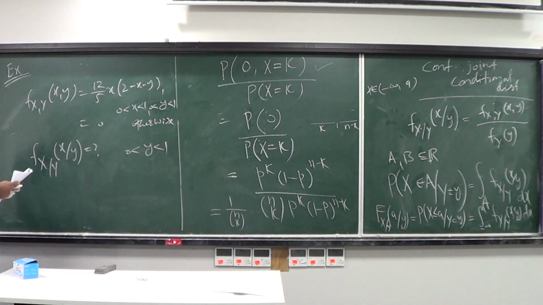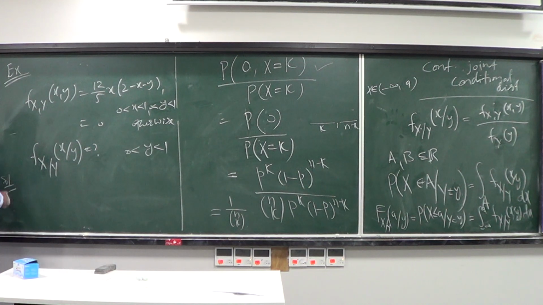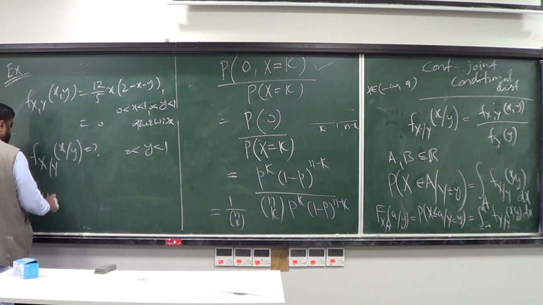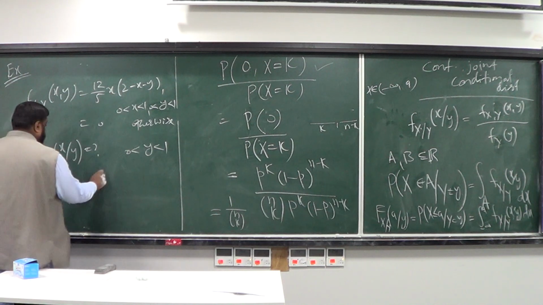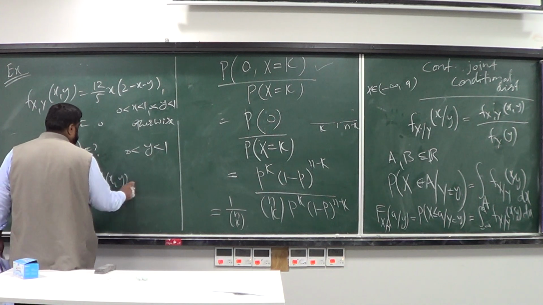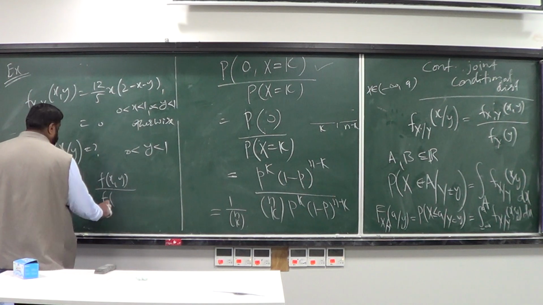This is what I would like to do. So how can I compute it? I need to compute f of X given Y as f of x, y divided by f_Y of y.